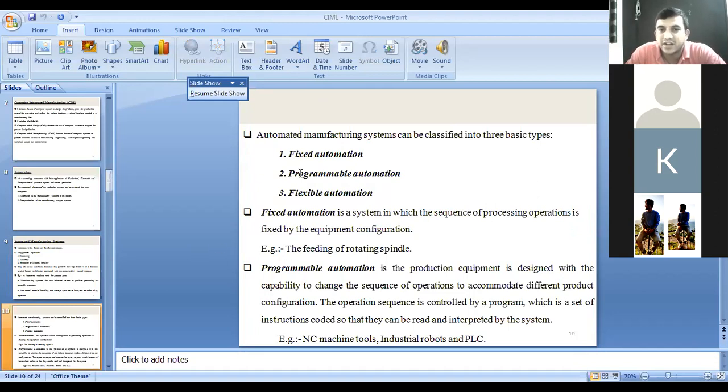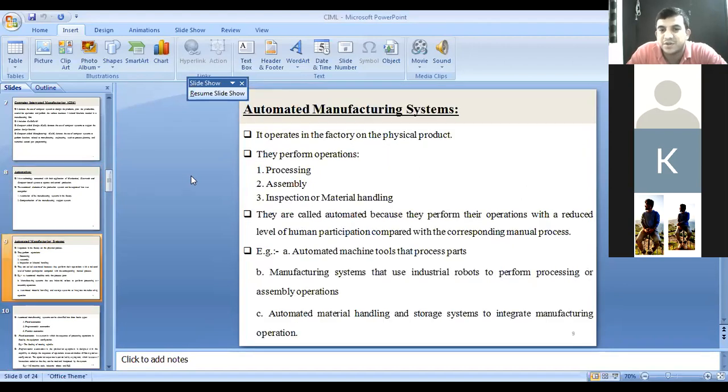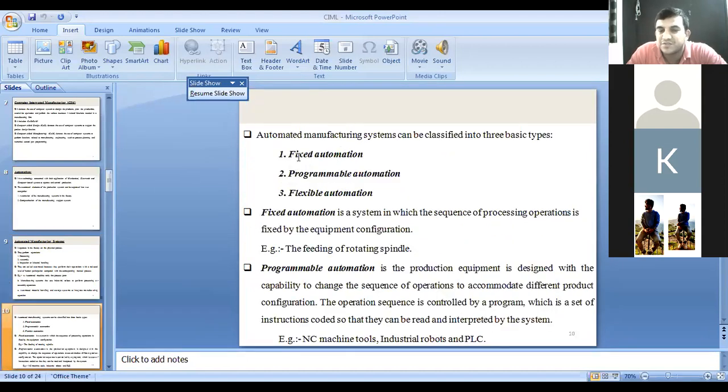There are different types of automation: fixed automation, programmable automation, and flexible automation. In fixed automation there is no change in the process or in how the production is controlled or operated.